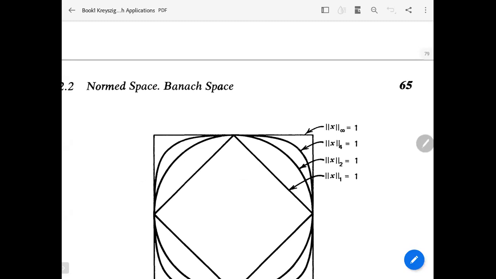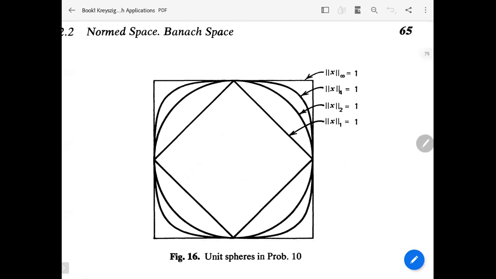So you can plot the unit sphere in R square, in the plane. It's a very simple case. So you will see that you will get different shapes of the unit sphere. You get a square, you get a circle, you get a rectangle. So the geometry of the unit sphere in R square depends on the norm.